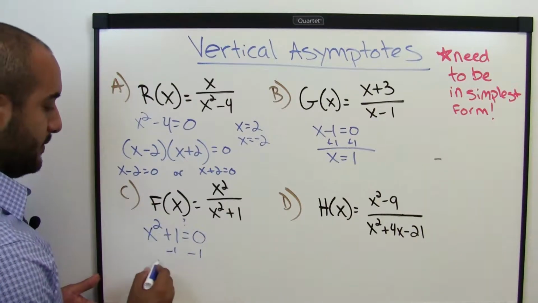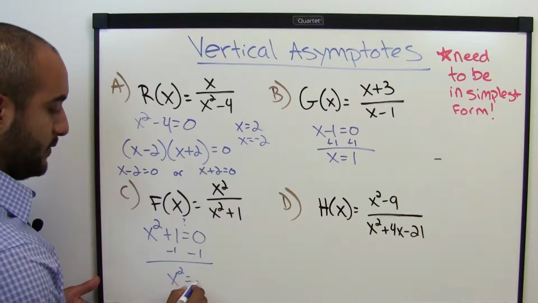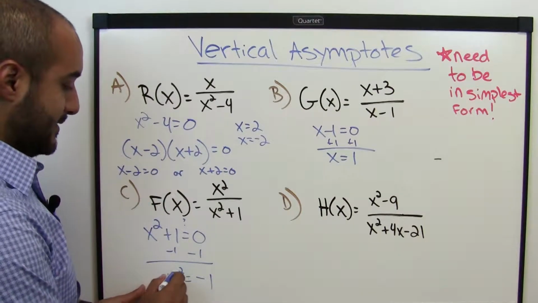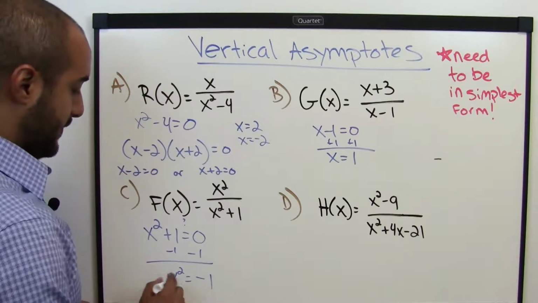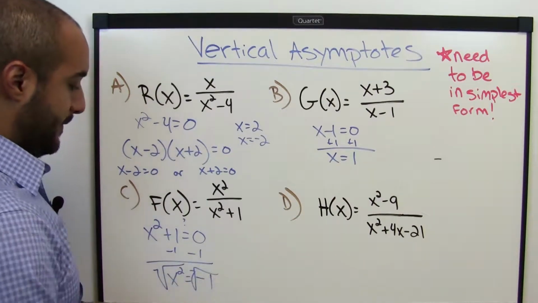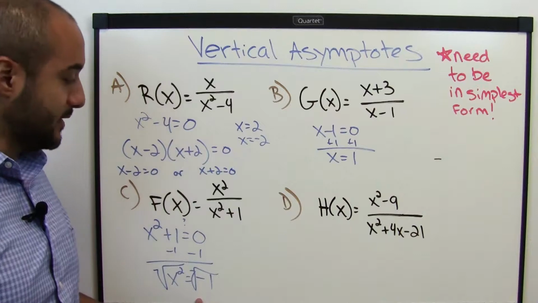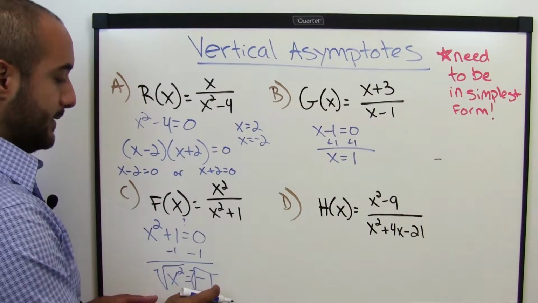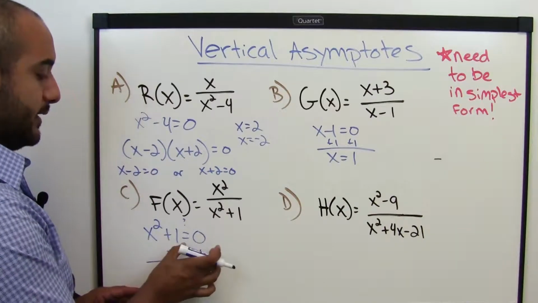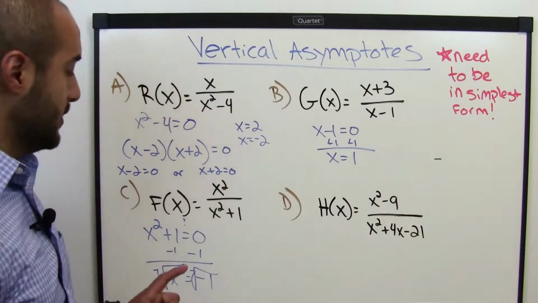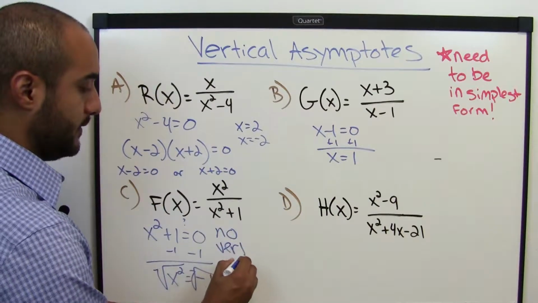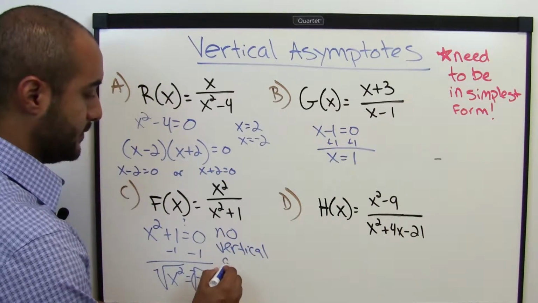If I subtract 1 on both sides, I get x squared equals negative 1. But I can't take the square root here, because if I do, you're going to get a complex number, which takes it outside the real number system. So this has no real numbers where this will be equal to 0. So C actually has no vertical asymptotes.